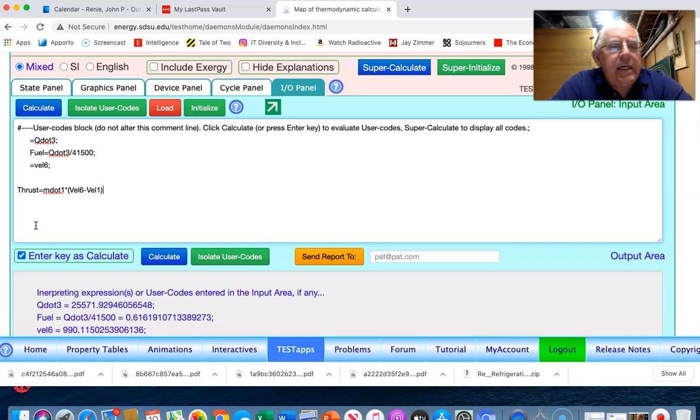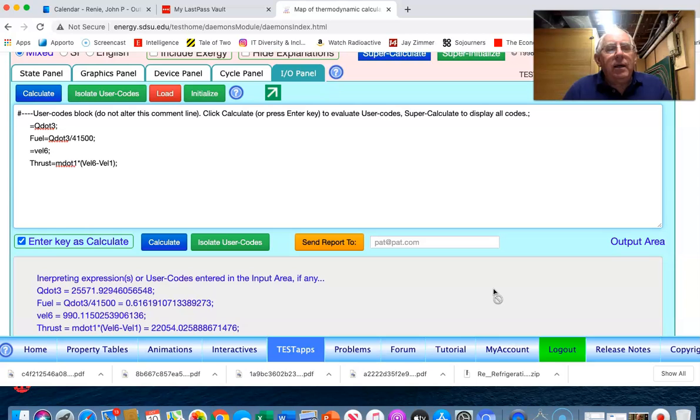Velocity 6 is the 990 that we just determined. And so the m dot v is momentum, and we take the difference between the outlet and the inlet, and that then gives us the thrust from the momentum equation. And so our thrust then is calculated to be 22,000 kilonewtons.